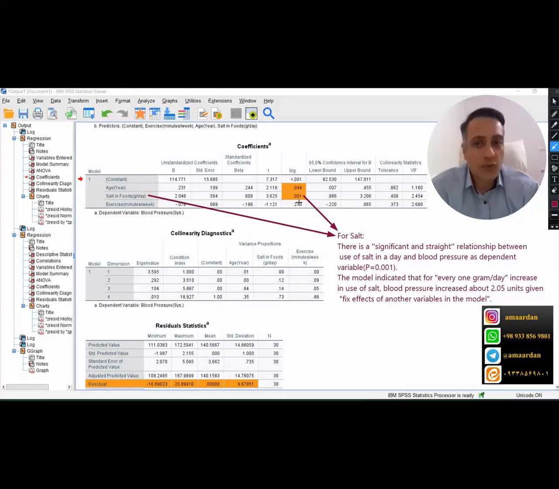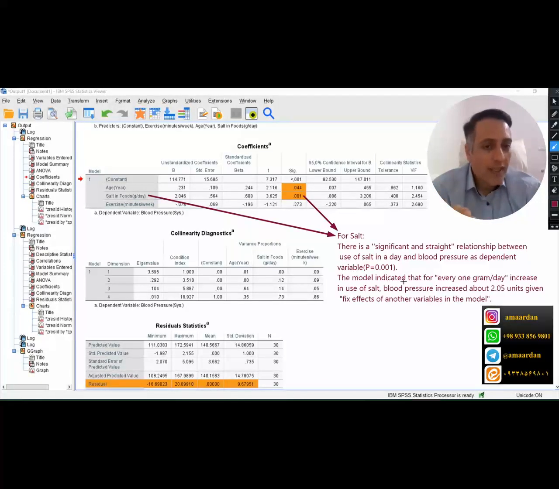But for salt in foods, we write these reports. We write that there is a significant and direct relationship between use of salt in a day and blood pressure as the dependent variable. P is equal to 0.001 and the coefficient is 2.05.